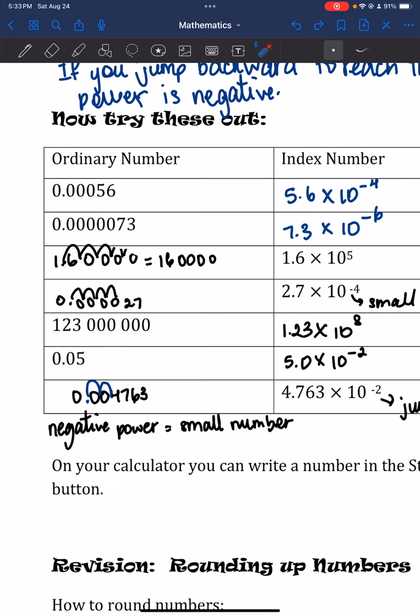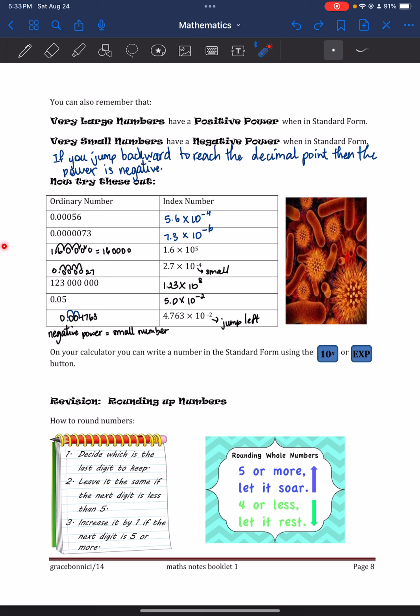Hope you understand that. So try to do this by yourself. And as I put little indications here, if you see negative, you're jumping left. If you see positive, you're jumping right. Hope you understand now a little better, and bye. See you next class.